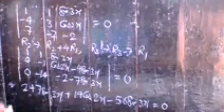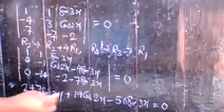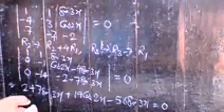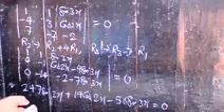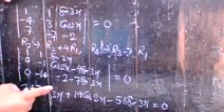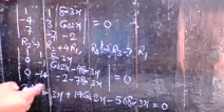Simplify. So 14 cos 2x, and if you subtract here, minus 49 sine 3x plus 2 is equal to 0.